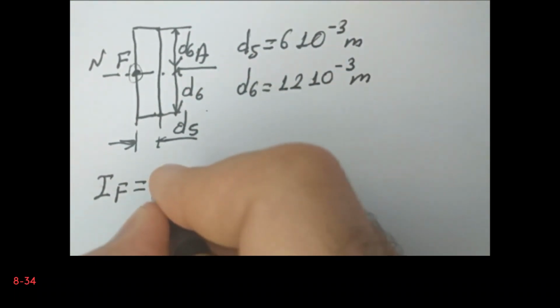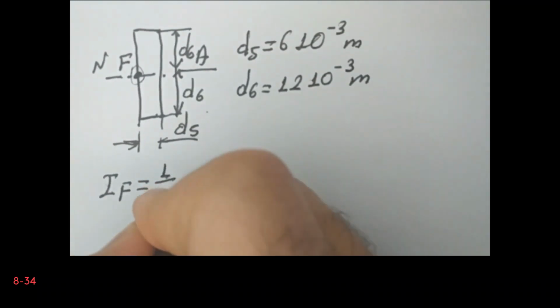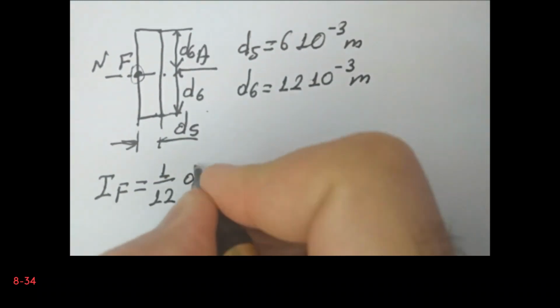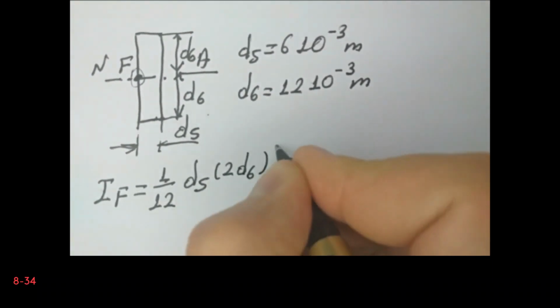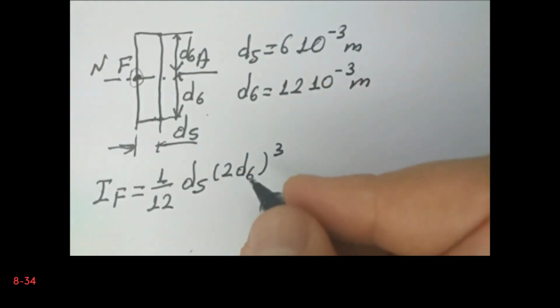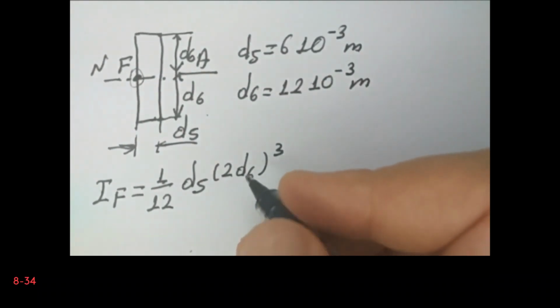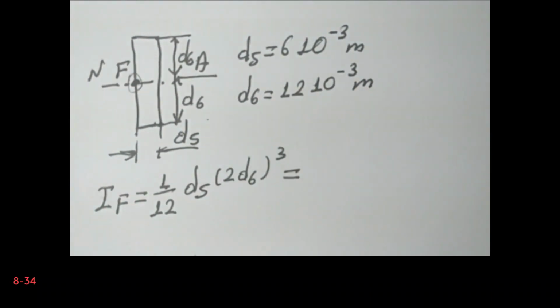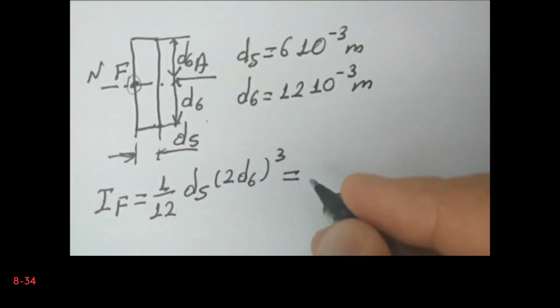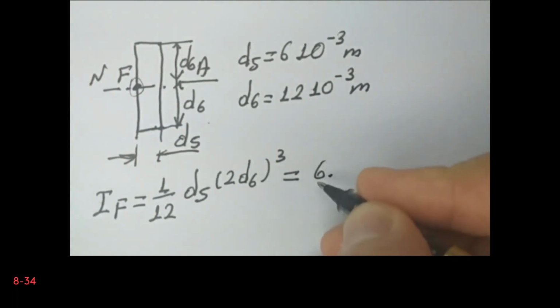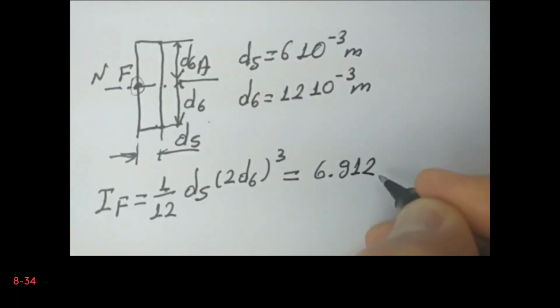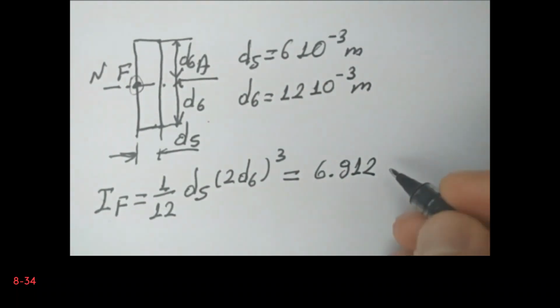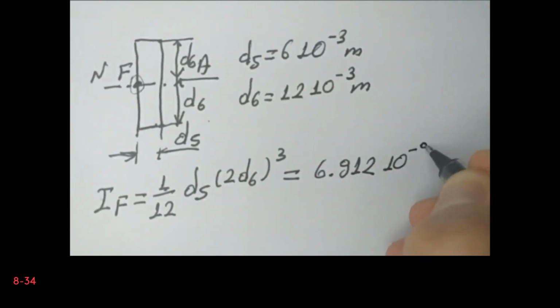It is 1/12 d5 d6 to the power cube. This is the location of the neutral axis, in fact. So the bending moment of inertia for the cross section is 6.912 times 10 to the power minus 9 meter to the power 4.